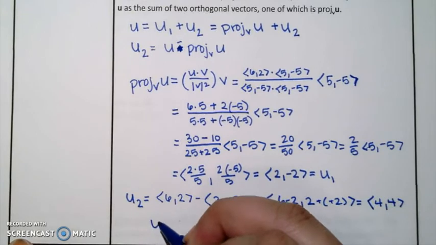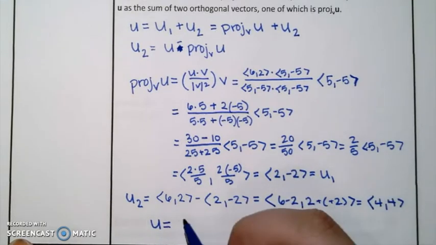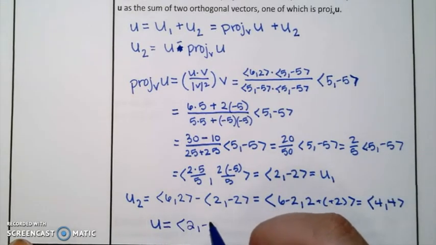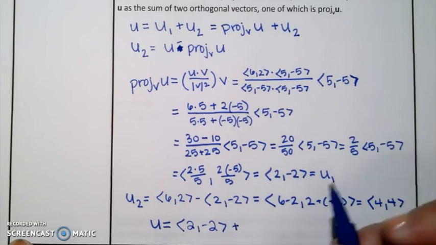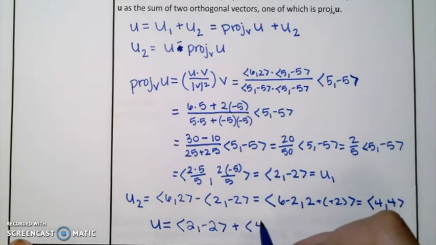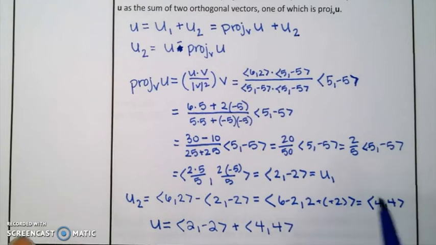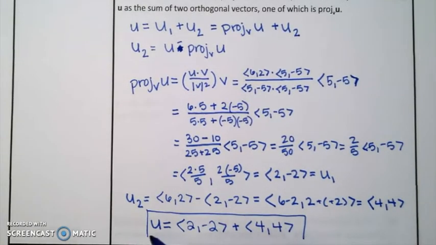So our final answer, u equals 2, negative 2 plus 4, 4, where the first vector here is our projection.